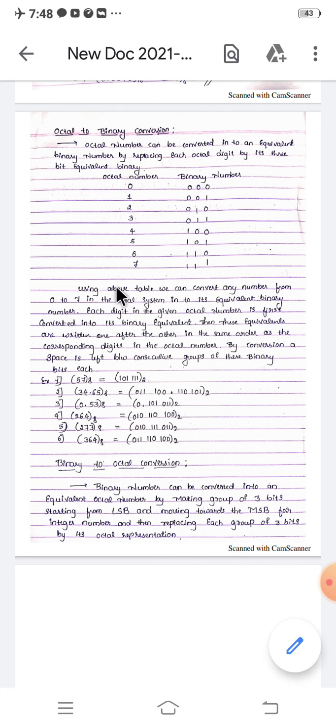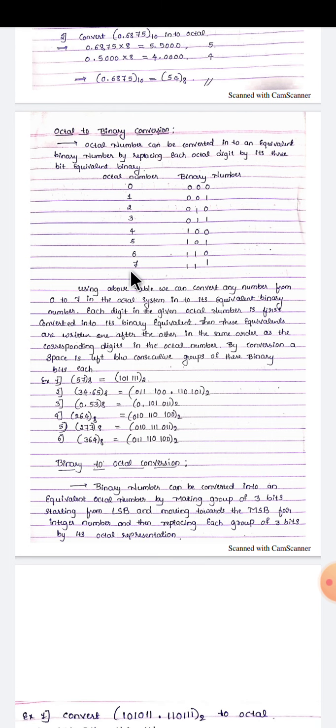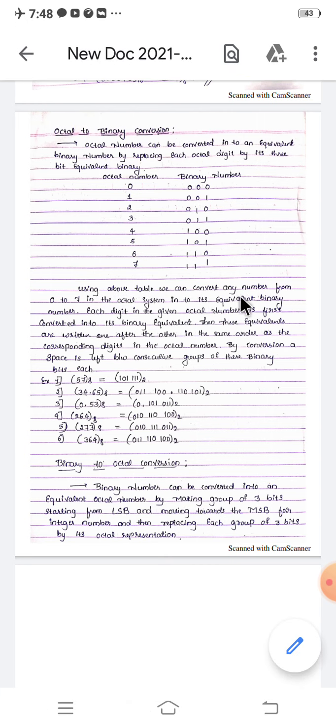Only 0 to 7 are octal digits. If it is 8, that is not an octal number, that is a decimal number. Remember that.